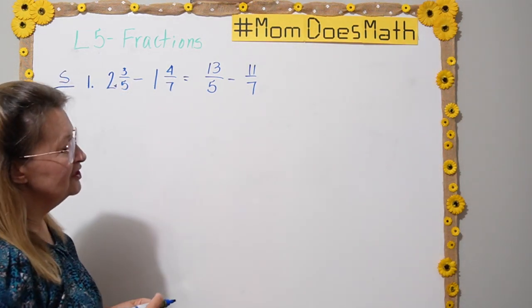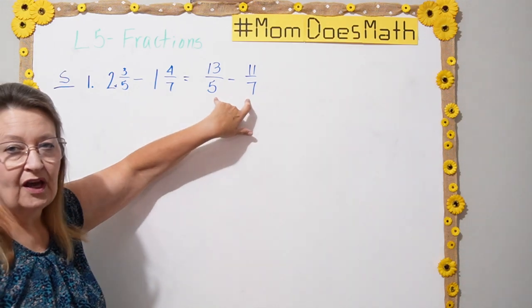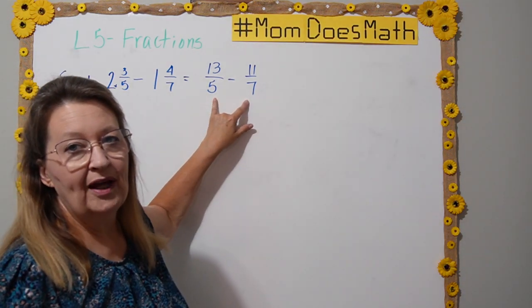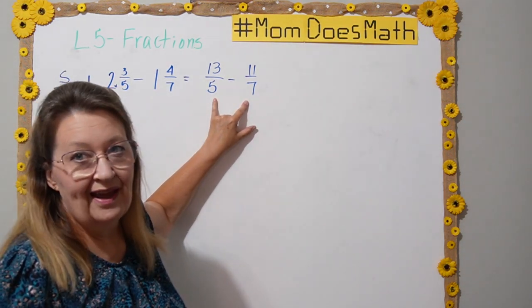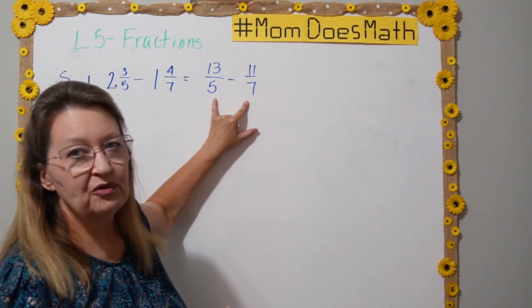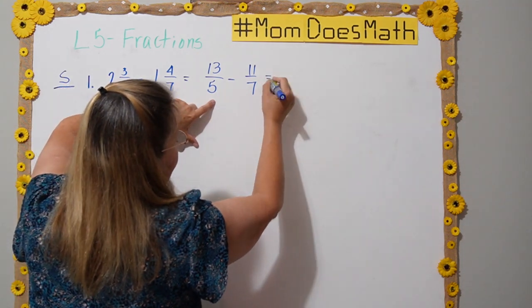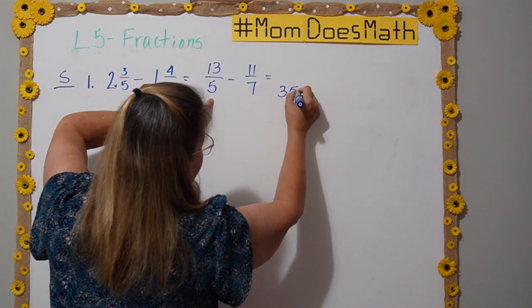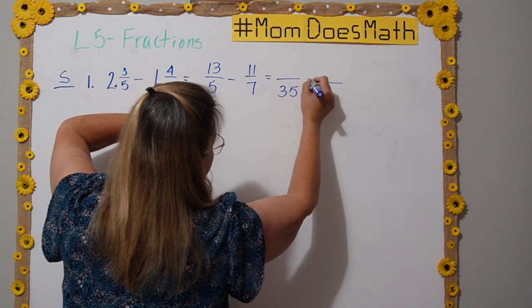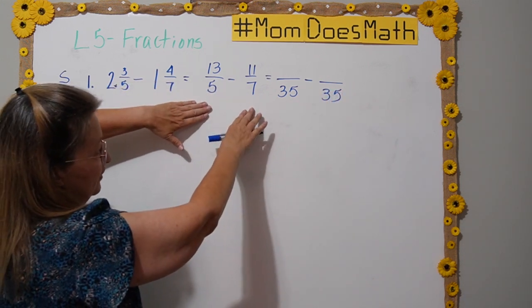So you ask yourself, what's the smallest number that both of these can go into? You can always get that denominator by multiplying the two numbers together. It just won't always give you the smallest number, but you can reduce it later on. So if I look at these, yes, 35 is going to be my new denominator. So I'm going to convert both of these.